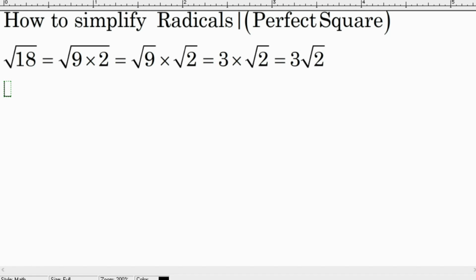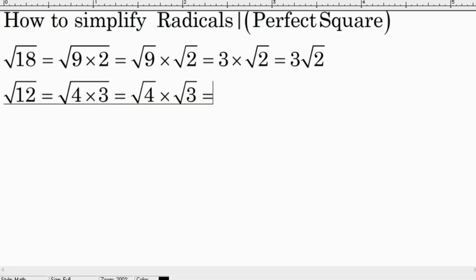Let's look at another example. Let's say we have the square root of 12 here. How can we simplify this square root? As we can see, 12 can be written as 4 times 3, which is equal to the square root of 4 times the square root of 3.